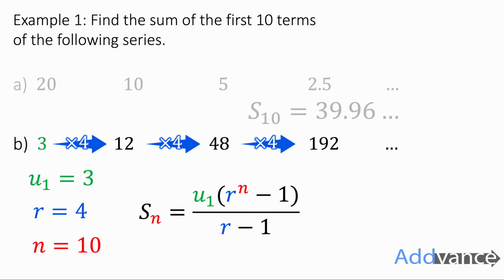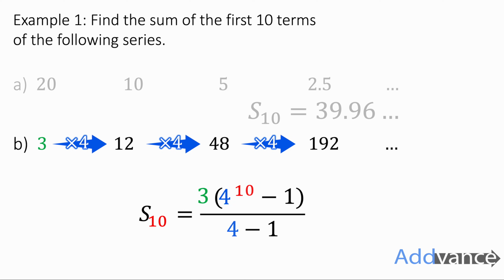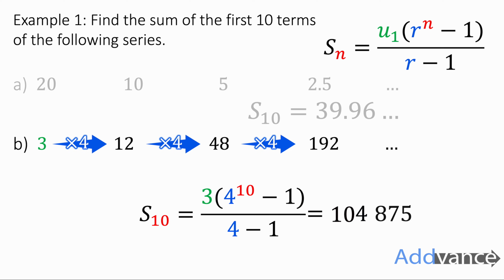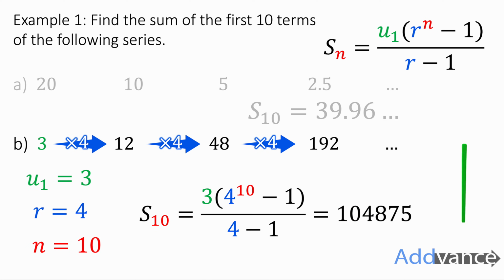The sum of the first n terms is equal to u1 times (r to the power n minus 1) over (r minus 1). We put those numbers into the equation, type it into our calculator, and we get 1,048,575. And that is the final answer, the sum of the first 10 terms of this geometric series.